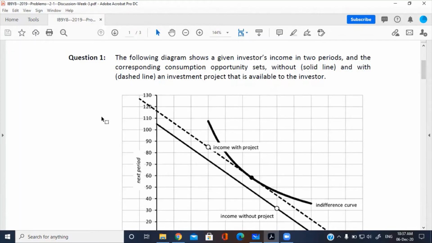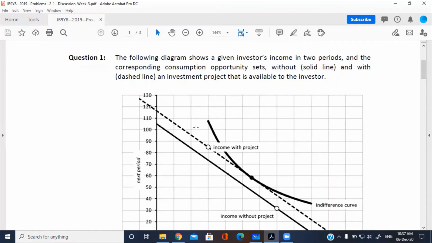The question says: the following diagram shows a given investor's income in 2 periods and the corresponding consumption opportunity set, with a solid line and with a dashed line, an investment project that is available to the investor. The solid line is without the project, and the dashed line is with the project.